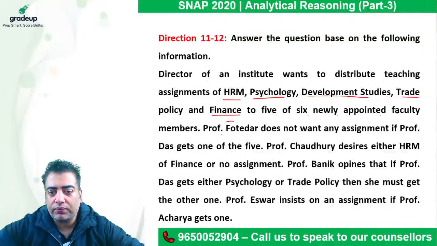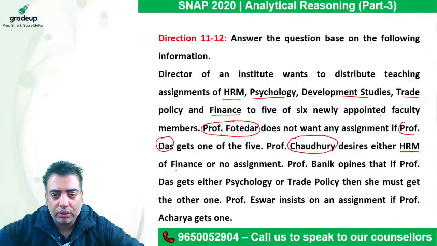So Professor Fotedar does not want any assignment if Professor Das gets one of the 5. Professor Chaudhary desires either HRM or finance, this is not 'of', this is 'or', HRM or finance, or no assignment.